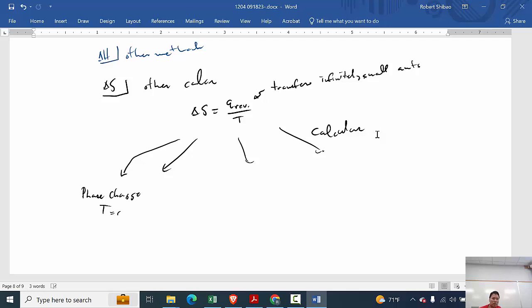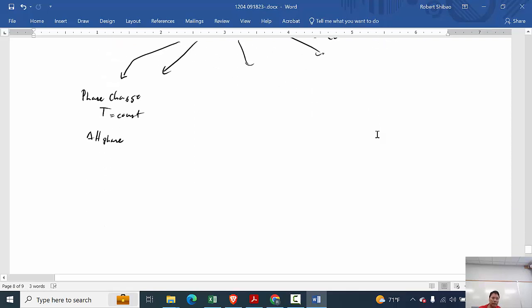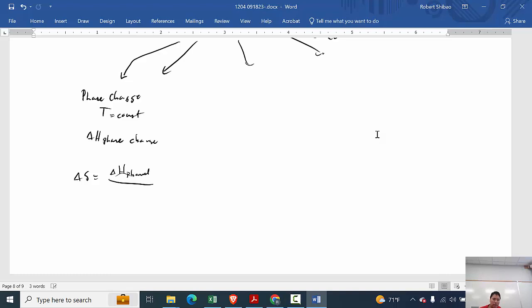T is constant. And so in a phase change, we have something called delta H of the phase change. If we restrict the conditions, then Q is equal to delta H. And we can come up with this equation. Delta S is equal to delta H of the phase change over the temperature of the phase change.